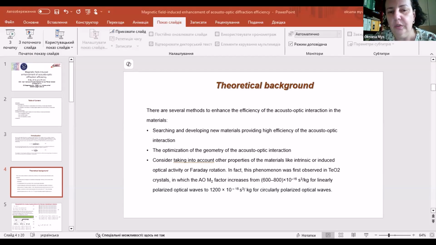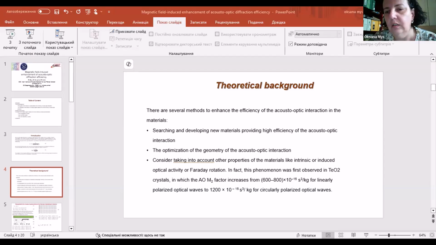When optical light propagates in optically active media, it becomes elliptically polarized. The appearance of ellipticity of the incident optical light results in additional components of the electric displacement vector.